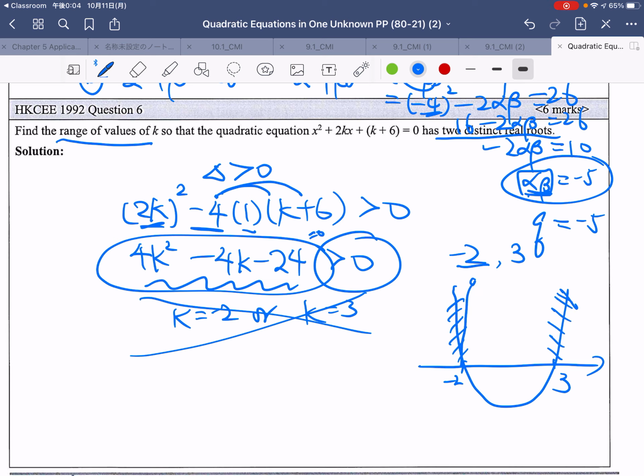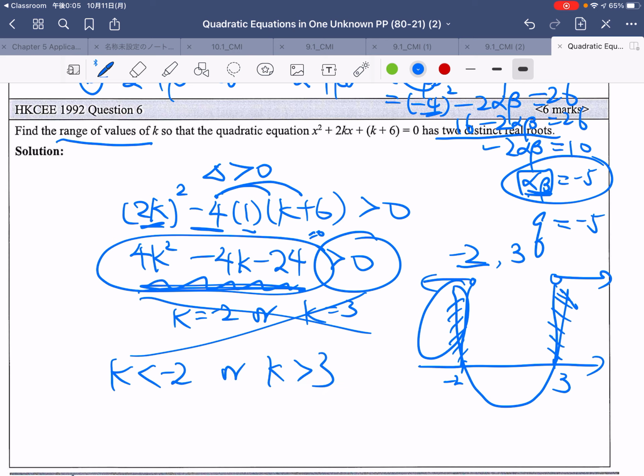The value of k should make this graph have y greater than 0. So k is less than -2 or k is greater than 3. You can skip this part because you have not learned it.